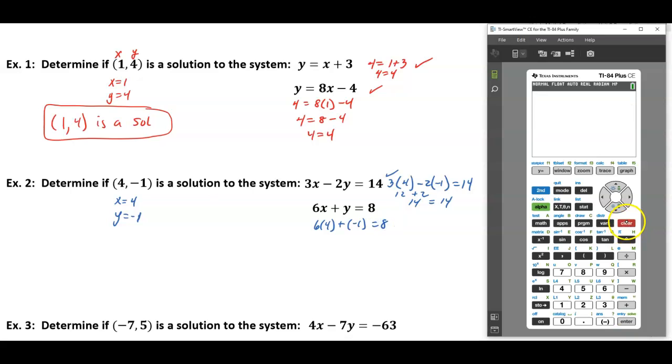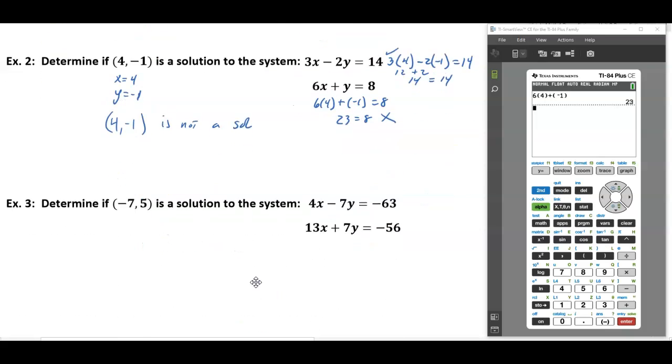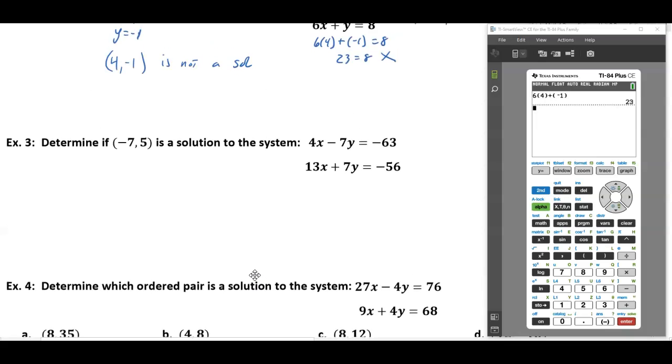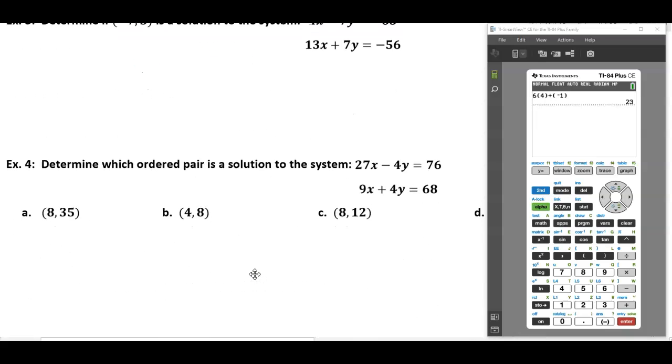So I go over to my calculator. 6 times 4, plus, in parentheses, negative 1, gives me 23. Is 23 equal to 8? No, that does not work. So 4, negative 1 is not a solution. Check the next one.